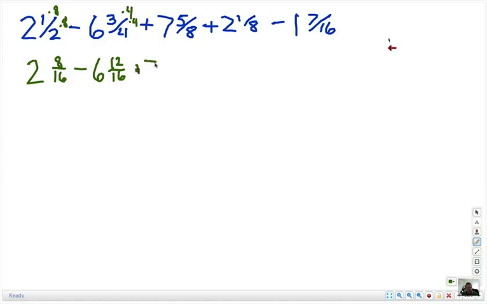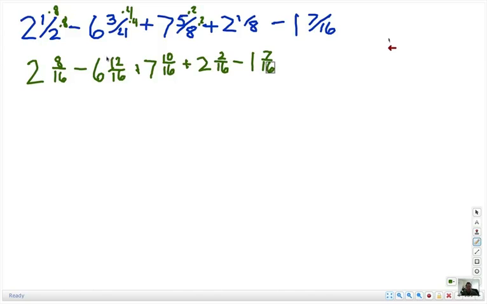Then we have 7, and we're going to double each of those to get the correct denominator. 8 times 2, 5 times 2, so it'd be 10/16. Same thing here with the next fraction because it's eighths again, so I'm going to double each of those, so it'd be 2/16. And finally, 1 and 7/16. That's not going to change.